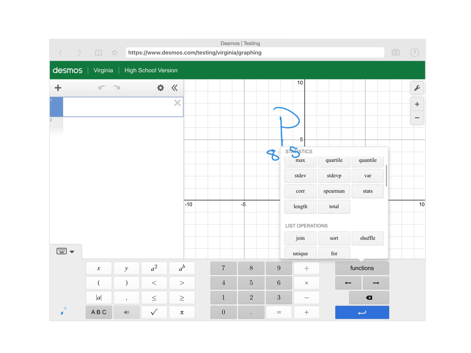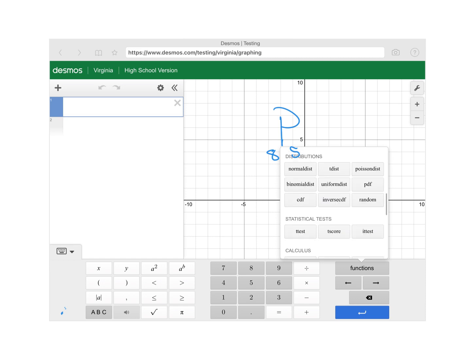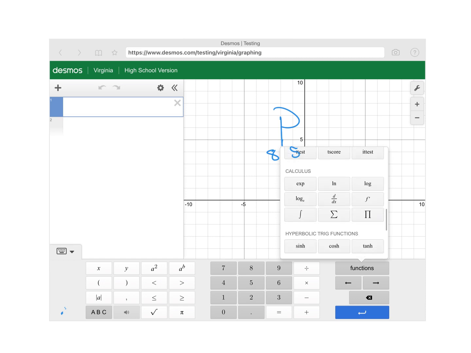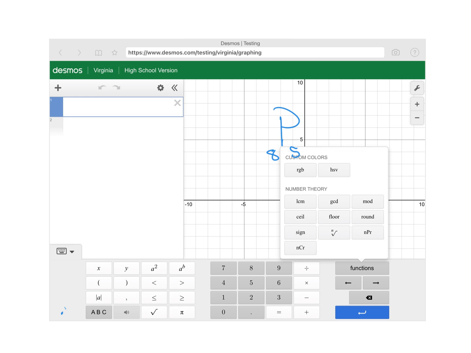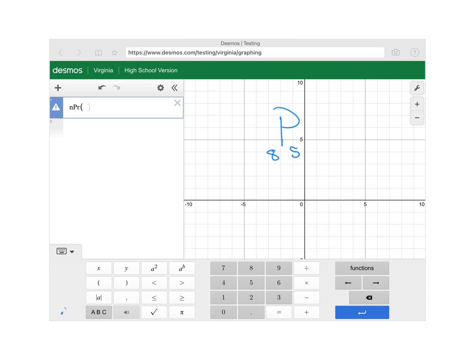We're going to scroll down until we see nPr. It is going to be close to the very, very bottom under number theory. All right, so we're going to click nPr.